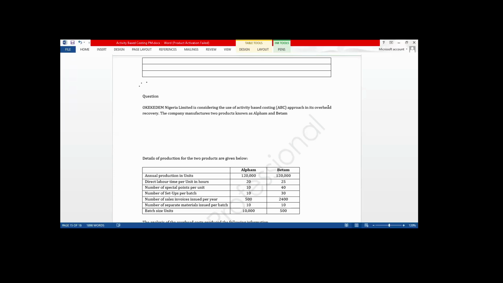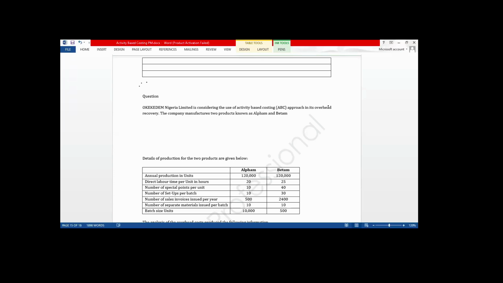If you multiply 480 by 5, that will give you 2,400. Number of separate material issues per batch, 10. Examiner multiply by 5.